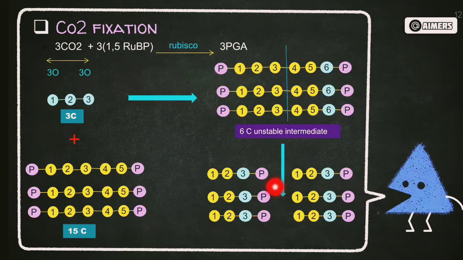Also remember one more point, that in your textbook it is written that this 6 carbon unstable intermediate breaks into 2 molecules of phosphoglyceric acid. It is true. But in total these are 6 molecules, like 1, 2, 3, 4, 5, 6. In the diagram 6 is mentioned, while in the textbook line 2 is mentioned.